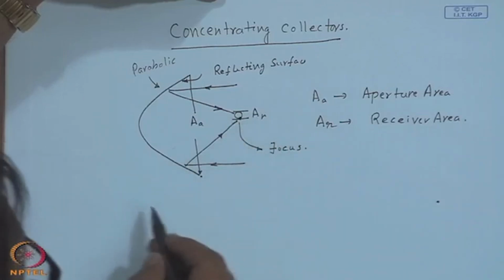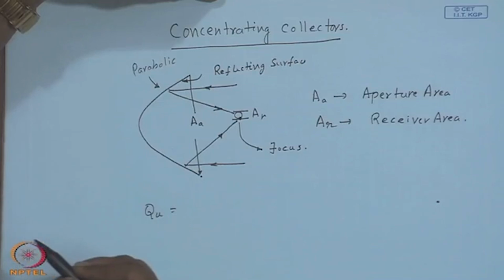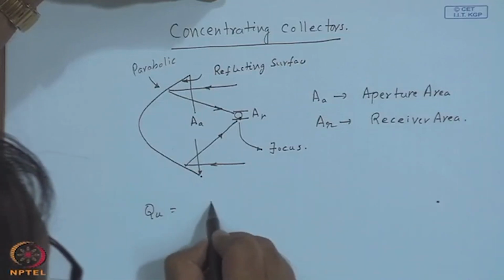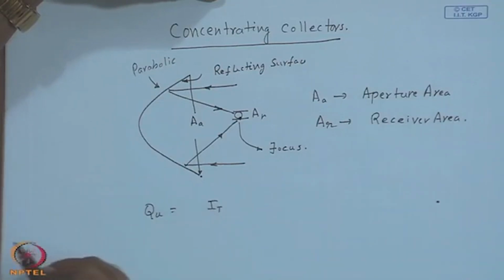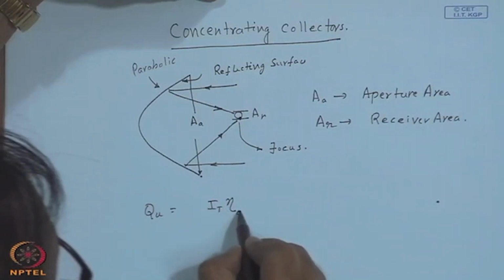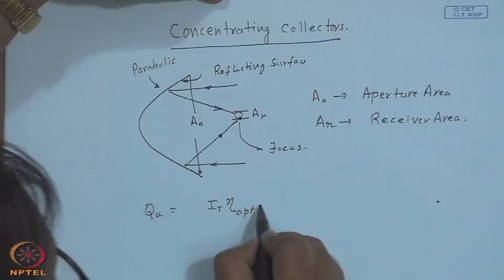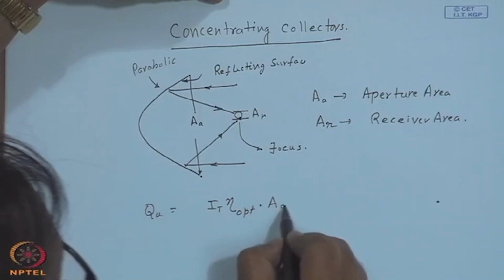Now, if I write the energy balance, Qu should be equal to IT times some optical efficiency, I will call it eta optical for the time being, times AA.